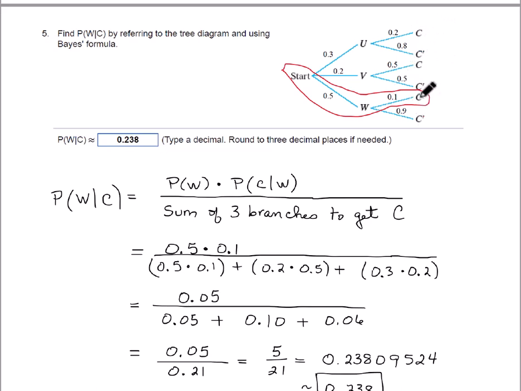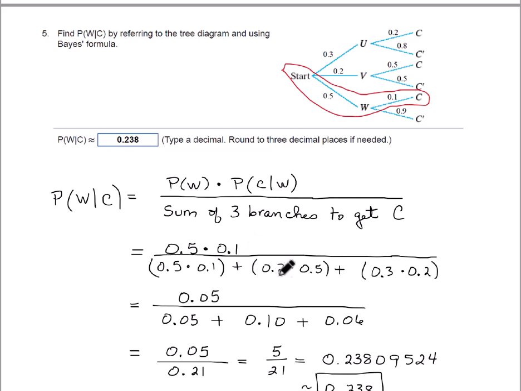So there are 3 branches to get to C. So this denominator has got to include all 3 branches. All right, what about the probability of W? Well, that's this branch, which is 0.5. Probability of C given W, that's the 0.1.